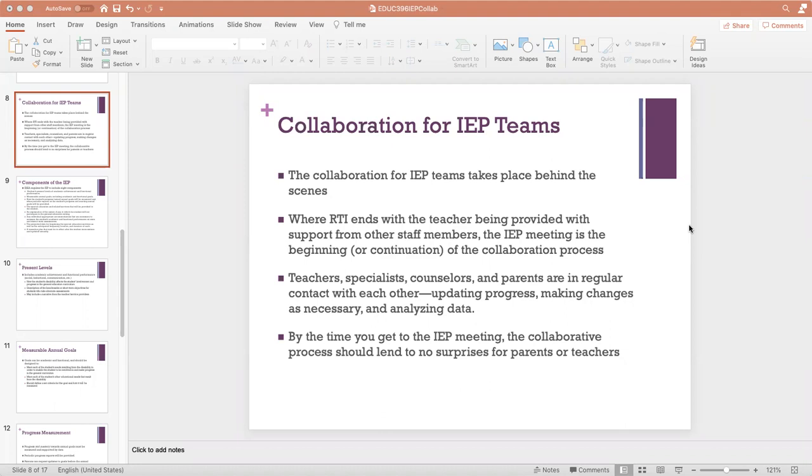By team, I do mean the relevant parties. So if I'm making that determination for a math class, I don't necessarily have to involve the speech and the PT and the OT, but I definitely need to involve the SPED teacher, the gen ed teacher, the parent, and the administrator.